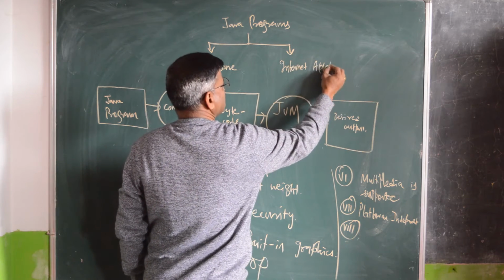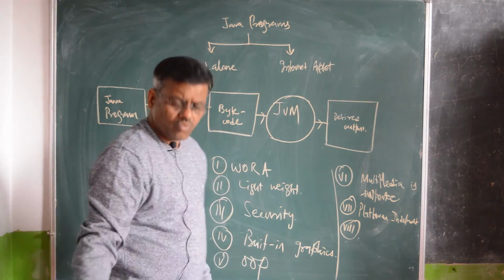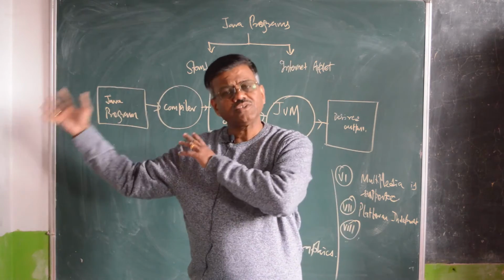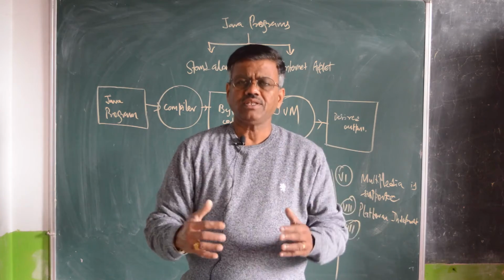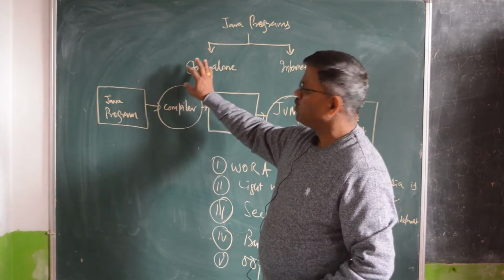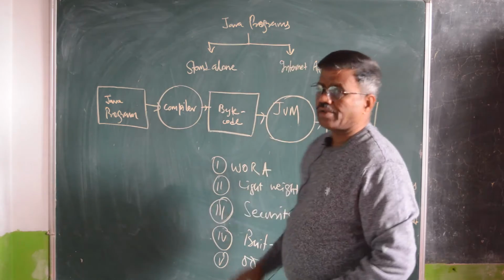What do you mean by that? Applet, A-P-P-L-E-T. Standalone computer was the old concept. This is my computer system. I sit there, I write my program, I get the output. That's it. Standalone applications.